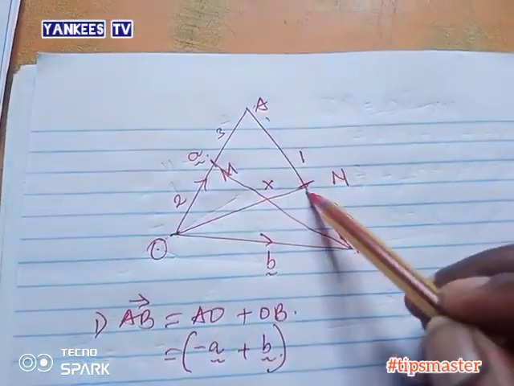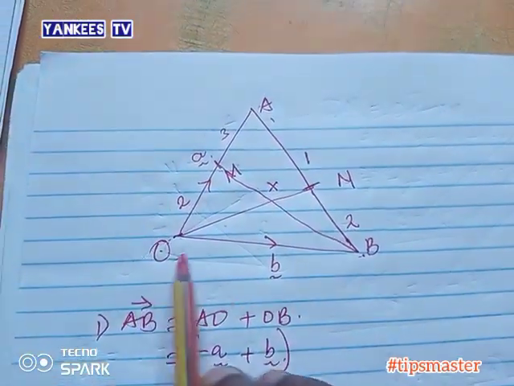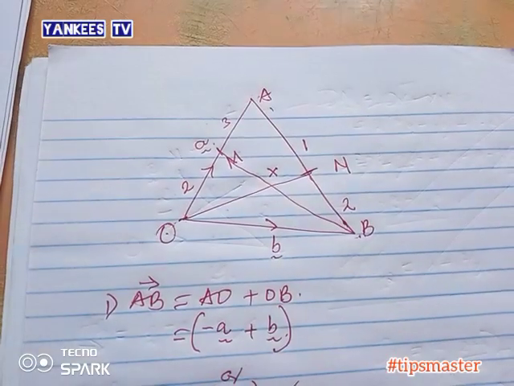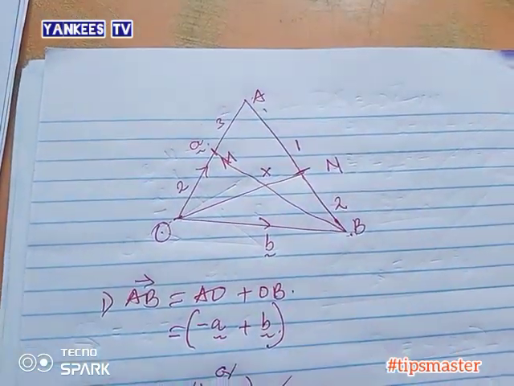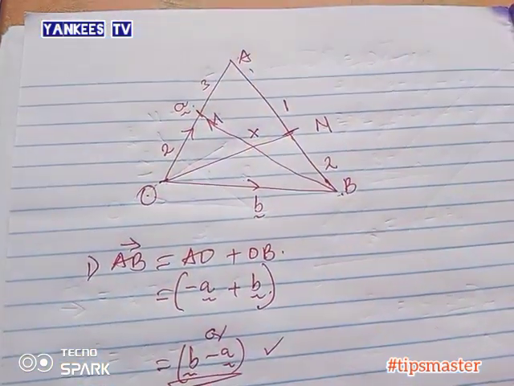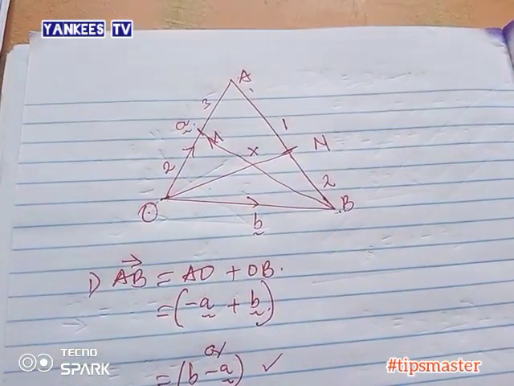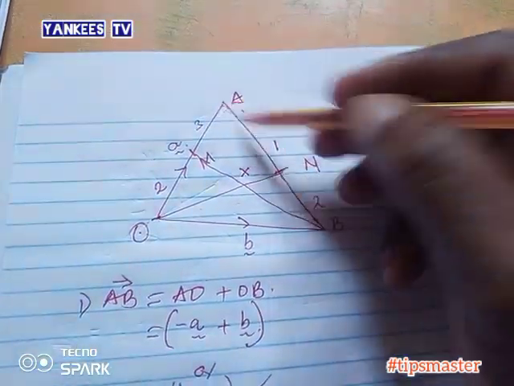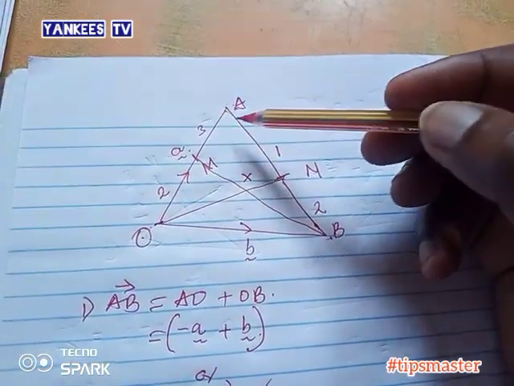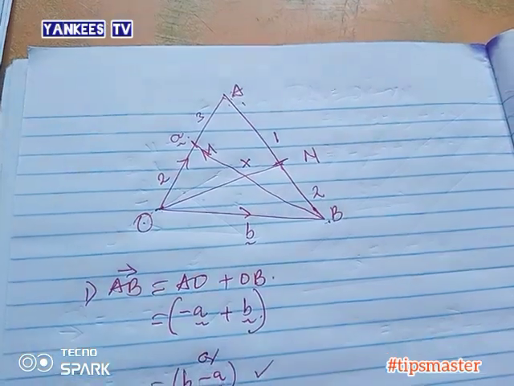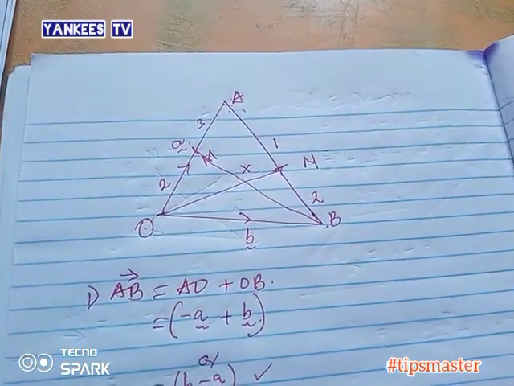We can go through A or go through B. Let me choose to go through A. So it shall be OA plus AN. OA is simply vector A, plus AN. The whole line is a ratio of 3, so we are just going one step. So that is a third of AB.